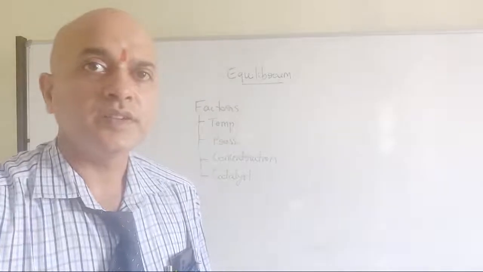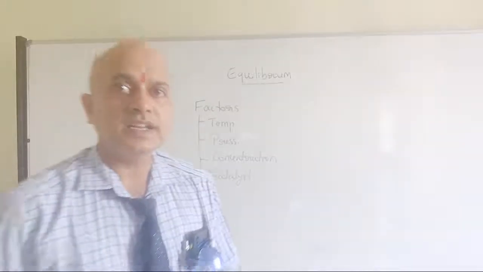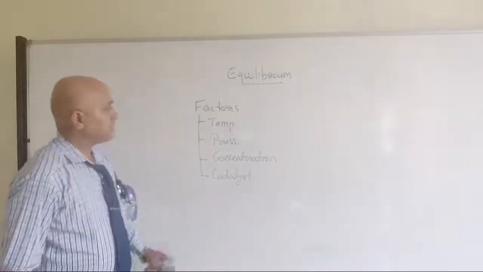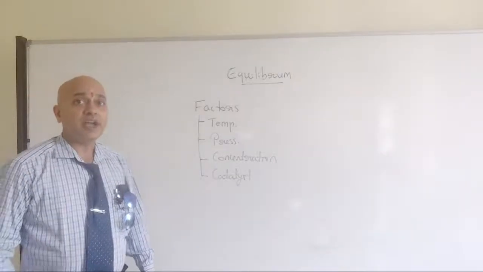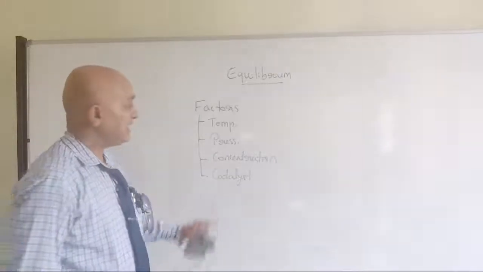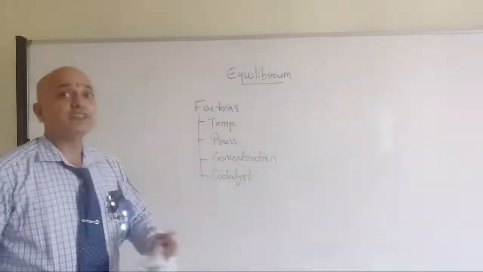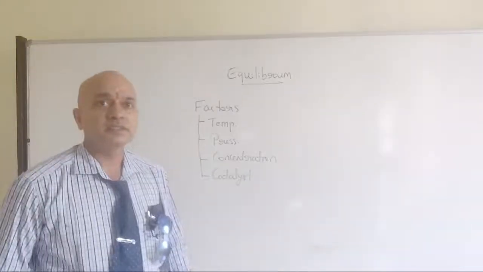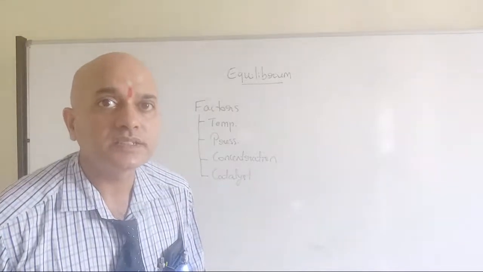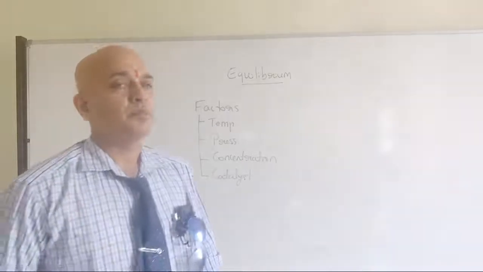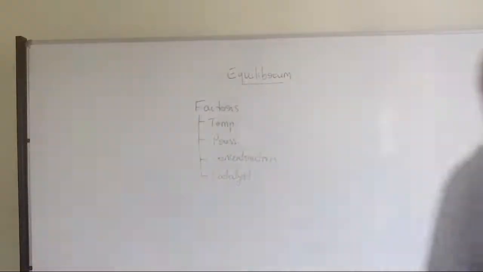Rakesh? Yes sir, clear. Okay, done. So that's why we have the factors which affect the equilibrium, right? Sir, it's blurring. Blurring means one minute.